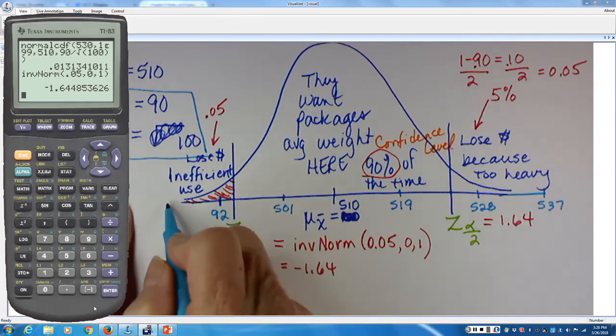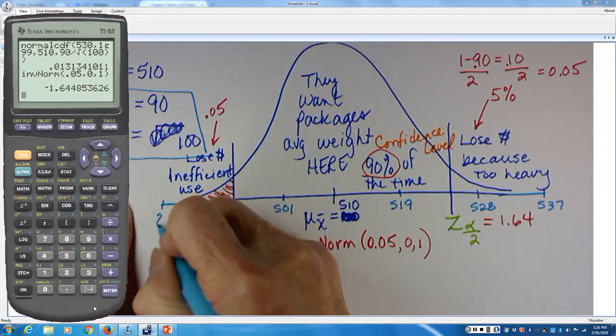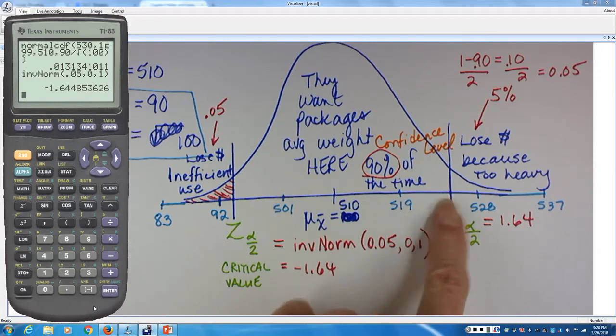And then the last one down here is going to be 483. So when I talk about Z alpha over 2, you're basically counting how many of these little chunks you're moving, okay?